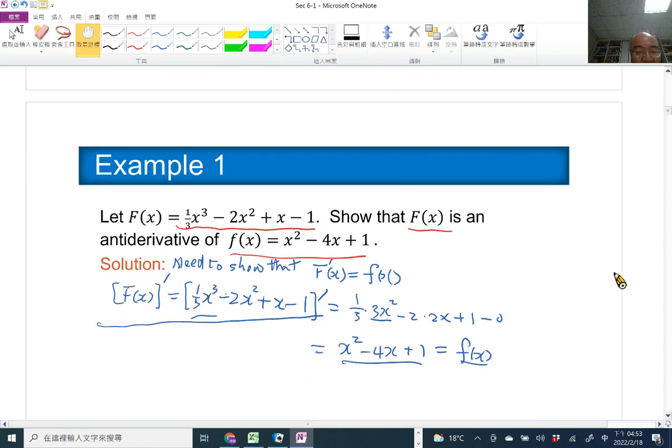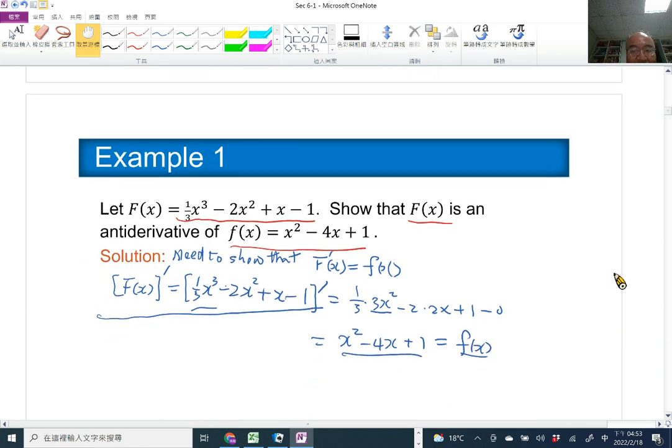All right, now here we have another example. Okay, capital F of x equal to 1/3 of x to the power 3 minus 2x squared plus x minus 1. And its derivative, we can do that term by term. 1/3 is the coefficient, and for x to the power 3, we use the power rule, bring down the 3, and with 2 left in the power.